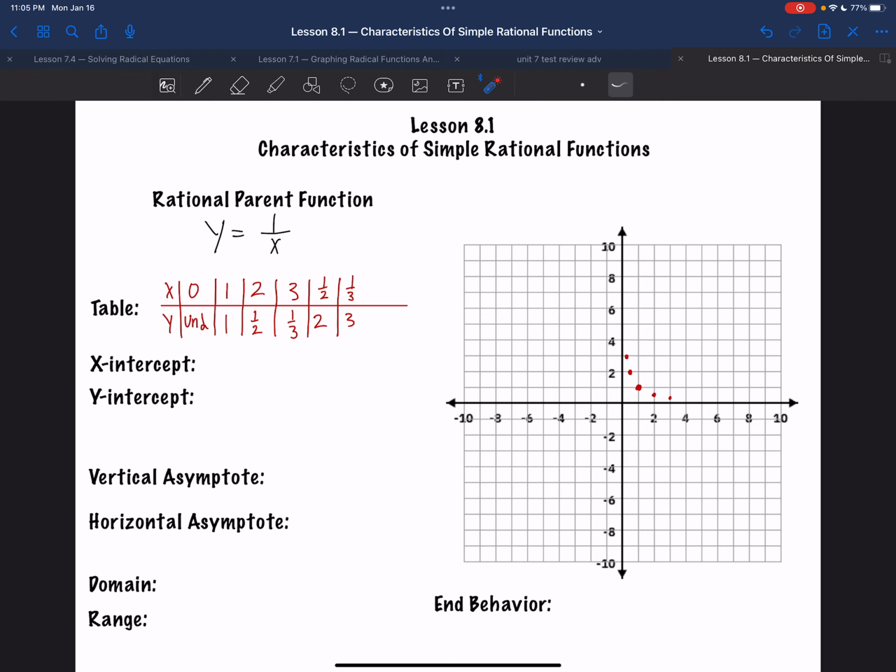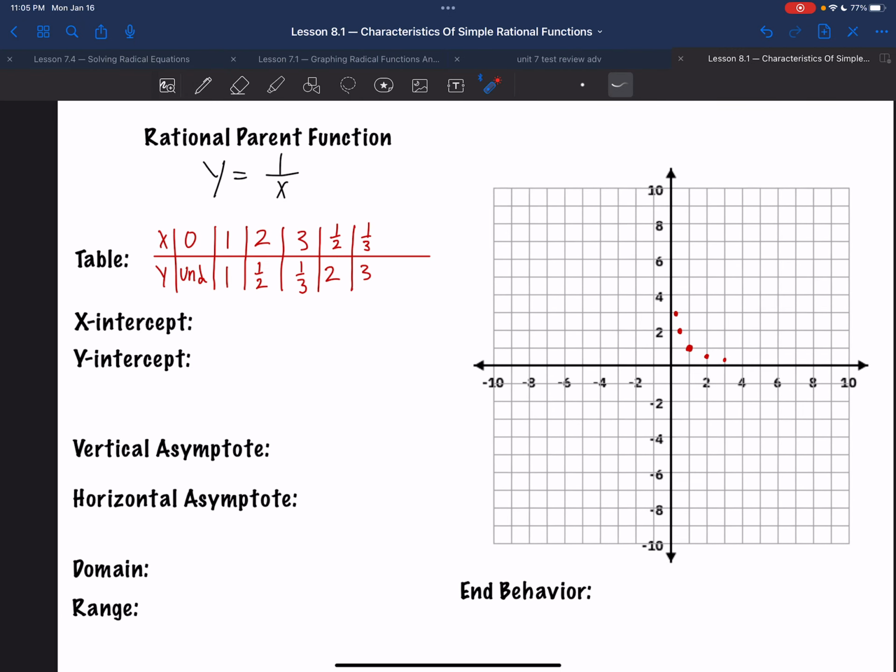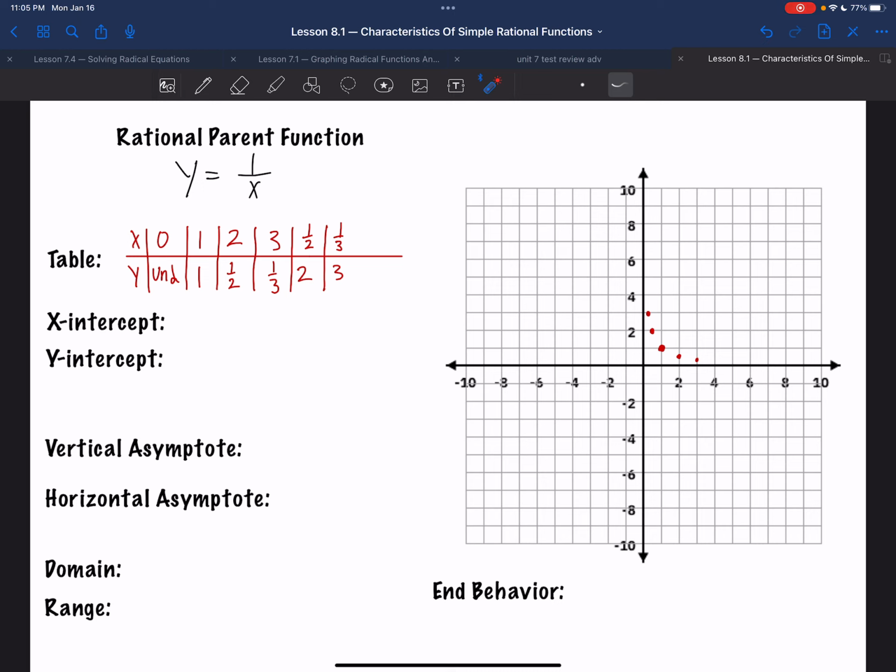So there actually is a reason for all this. Why does it kind of look like this? And that's these words here, asymptote. Now, if you remember in Algebra 1, most likely your Algebra 1 teacher told you that an asymptote is a sort of invisible line that a function approaches but does not cross.